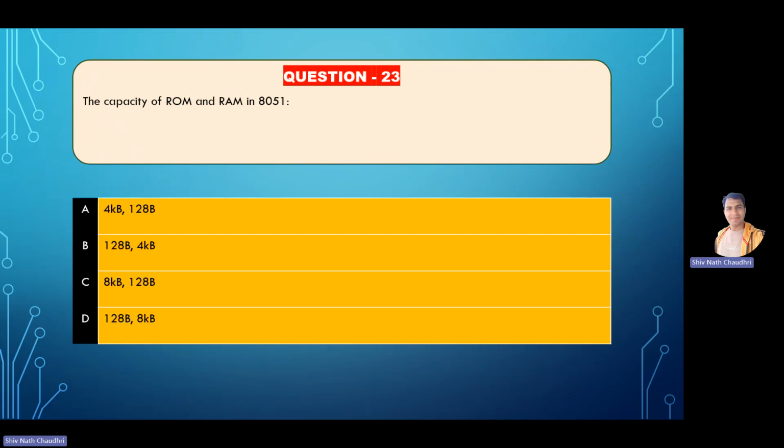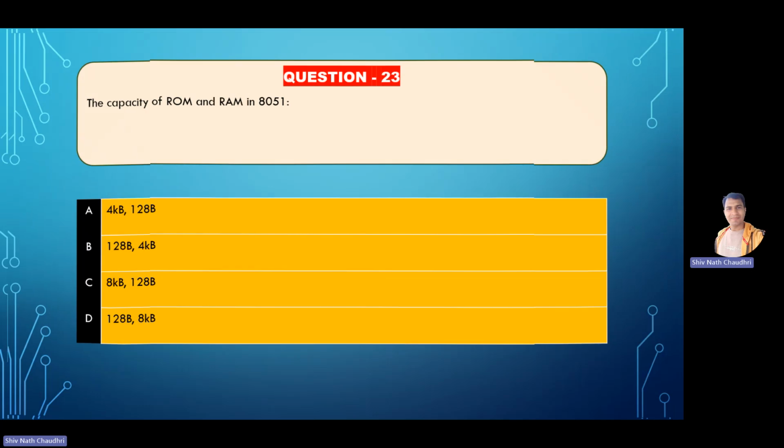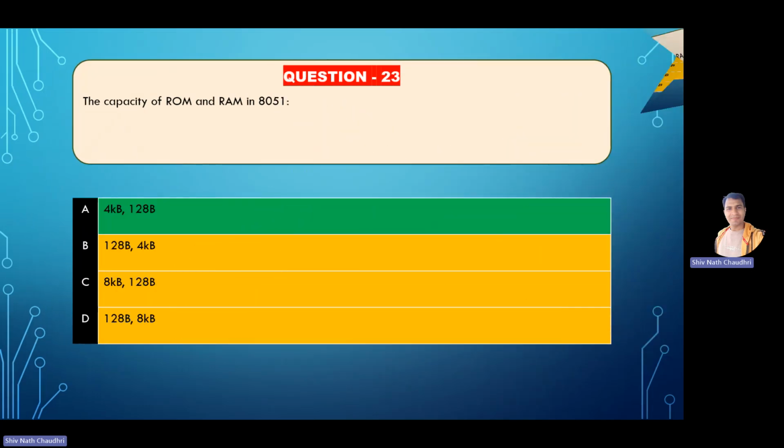The RAM in 8051 is 128 byte. So this indicates option A and option C. RAM is 128 byte, and ROM is 4 KB. 8051 has 4 KB ROM. So option A is right for this question. 8051 has 4 KB ROM and 128 byte RAM. Yes, option A is right. This means memory about 8051.